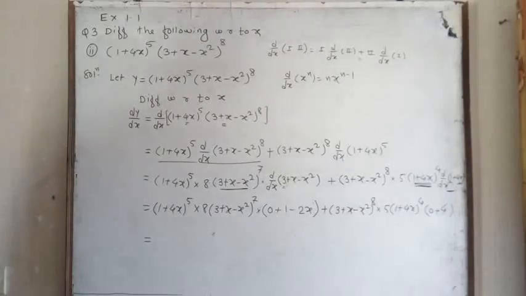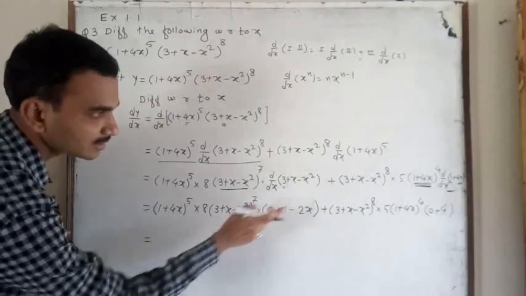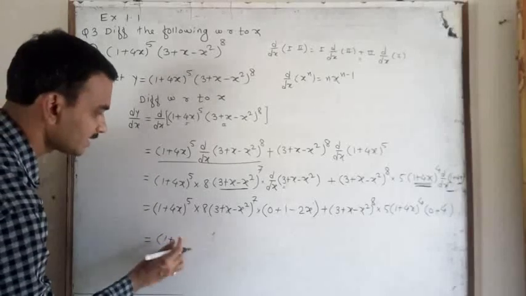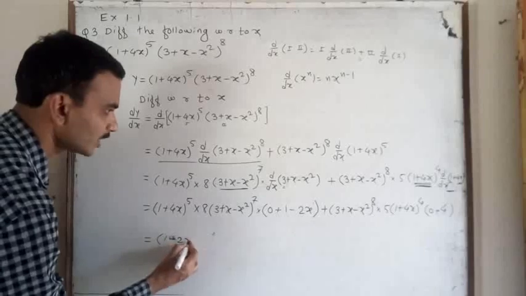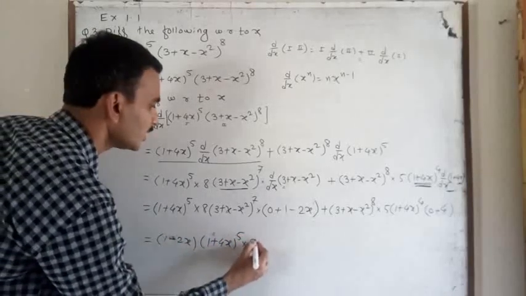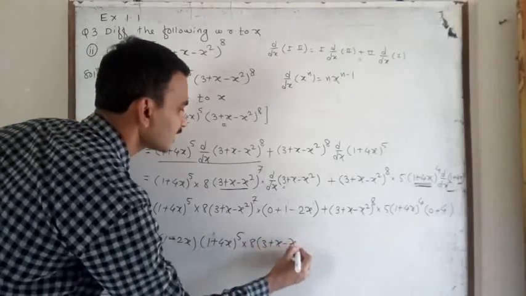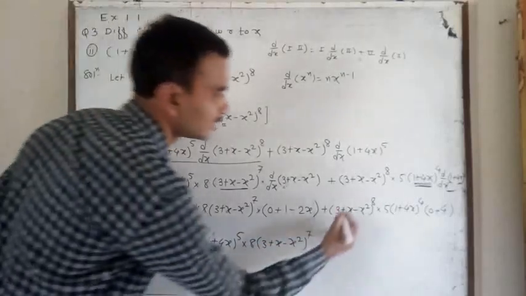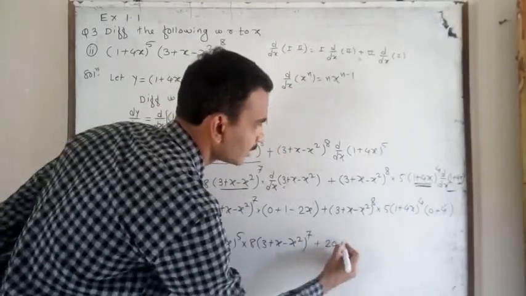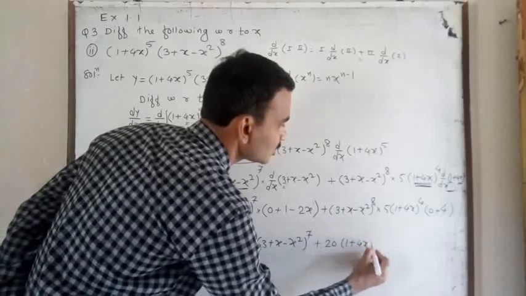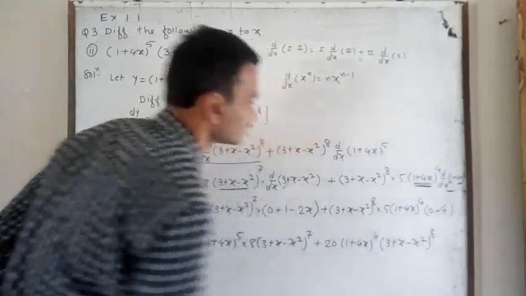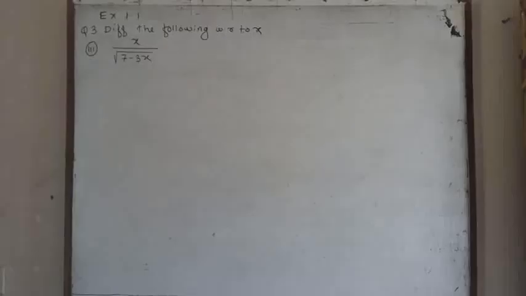So arranging all these terms, we write 1 minus 2x, 1 plus 4x raised to the power 5 into 8, 3 plus x minus x square raised to the power 7, plus 5 times 4 is 20, and 1 plus 4x raised to the power 4, 3 plus x minus x square raised to the power 8.